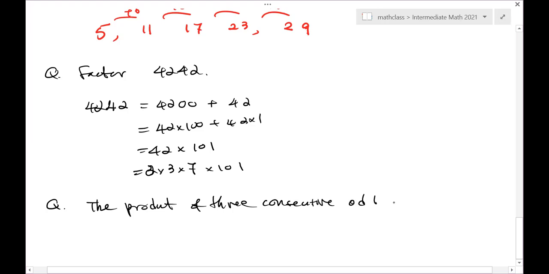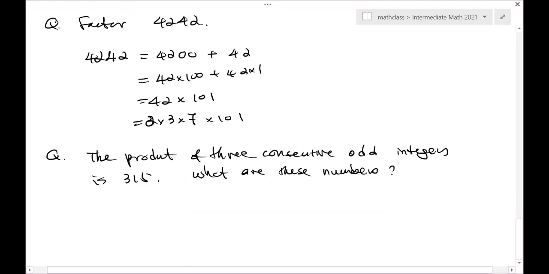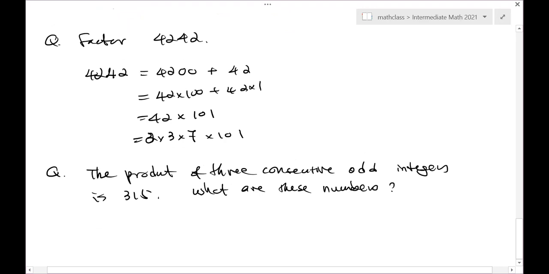What are the numbers? What is the best way to solve this problem? Three consecutive odd numbers multiplied together give 315.